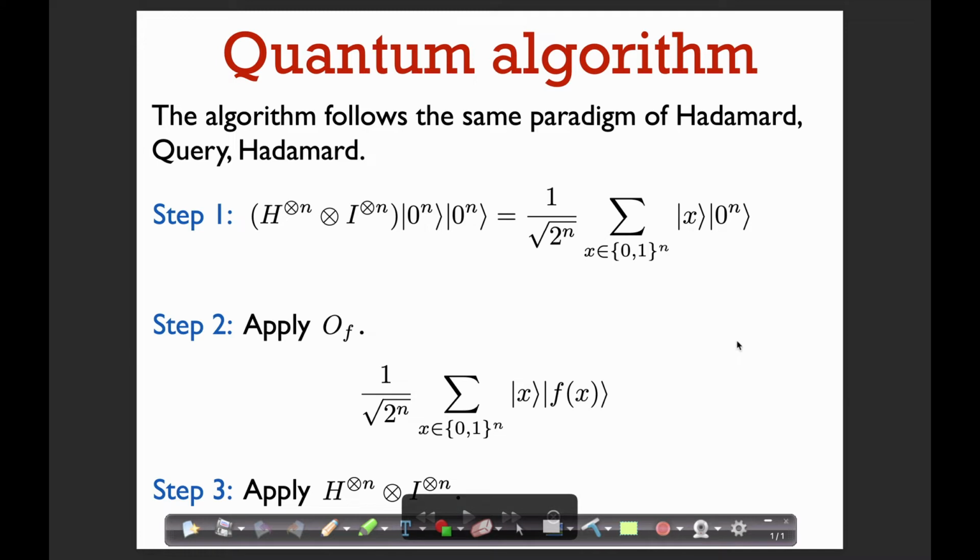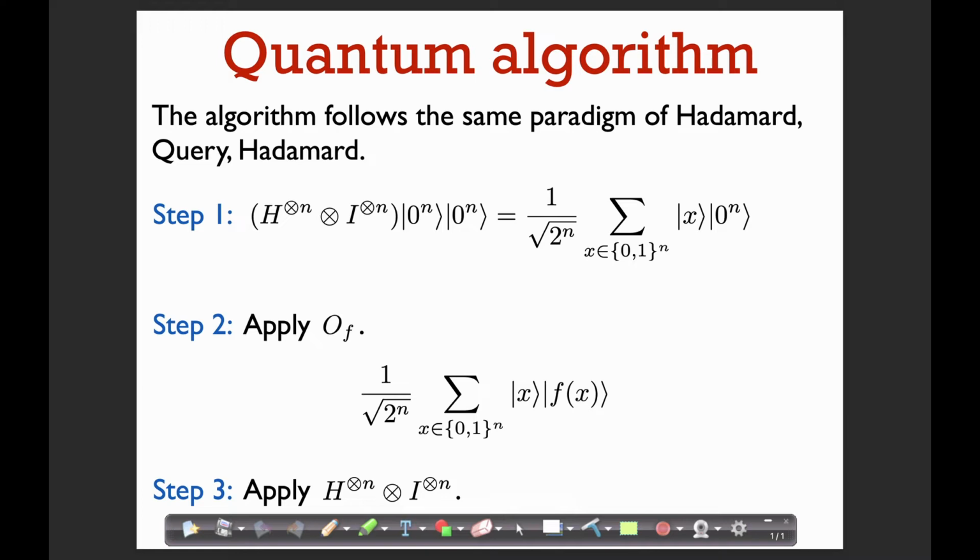Now let's look at the quantum query complexity. The algorithm is again going to be very similar to what we saw with Deutsch-Jozsa's algorithm and Bernstein-Vazirani. It's basically going to be Hadamard, query, Hadamard.